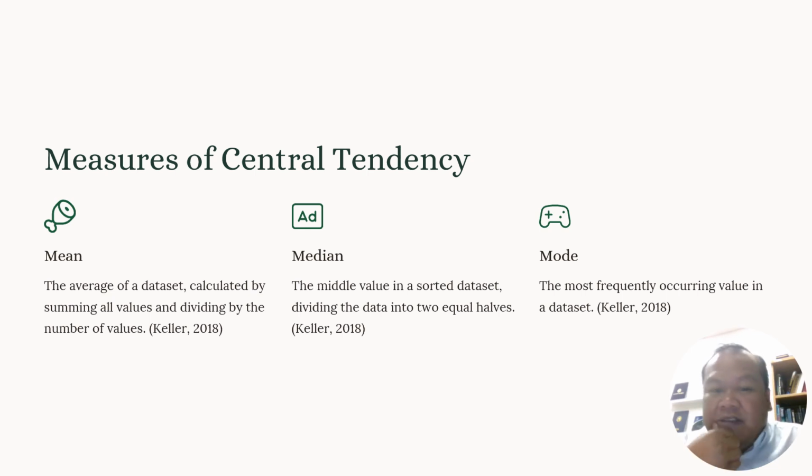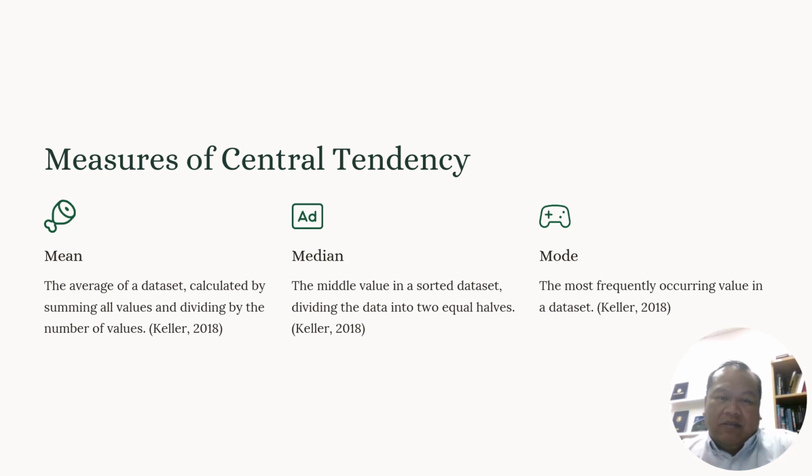Now, the median is the middle value in a sorted data set, dividing the data into two equal halves. So, how do we compute the middle value or the median? So, for example, for the 3 days, okay, what's the middle value? You have 900, was it 800, 600, and 1,000?